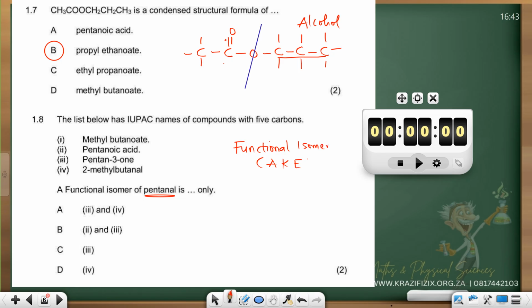For a function, you need a cake: aldehydes and ketones, carboxylic acids, and esters. So pentanal is an aldehyde, which means the functional isomer has to be a ketone. The ketone is pentan-3-one, and the correct answer is C.